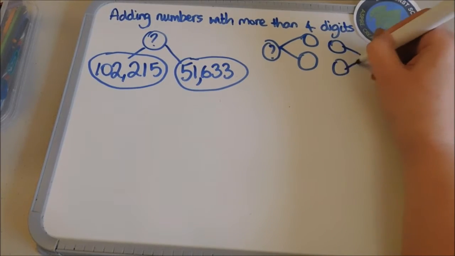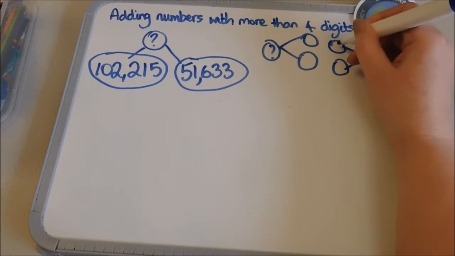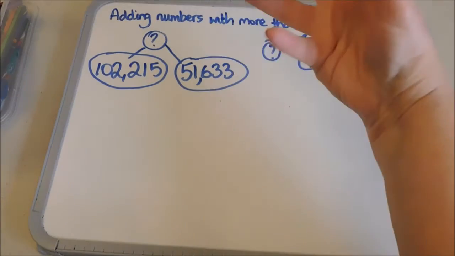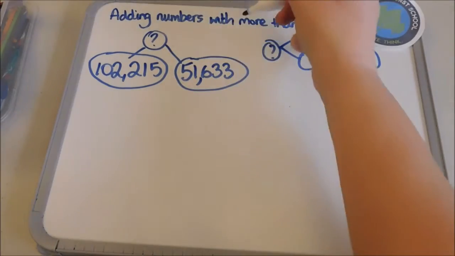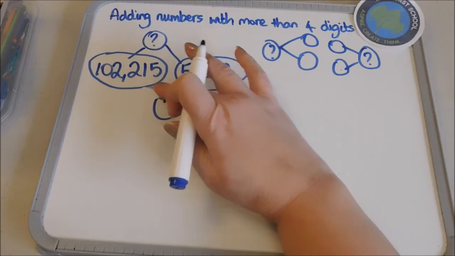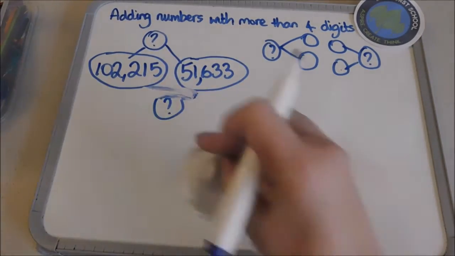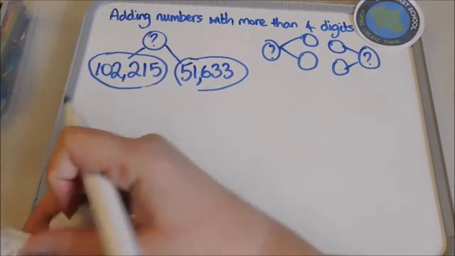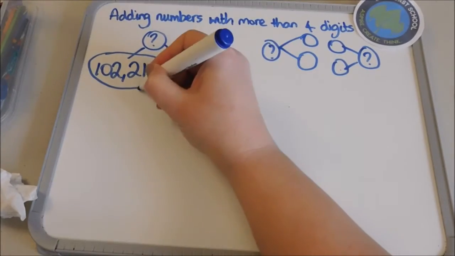Equally, it could go the other way with the numbers inserted here. Okay, and also it could be flipped. So you have the 2 numbers at the top with the question mark at the bottom. Okay, so in school your children will be shown all the different ways that a part-whole model could be shown to them.